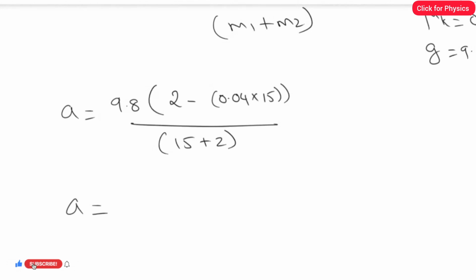We got the answer here as 1.4. That means 9.8 multiplied with 1.4, divided by, when you add 15 with 2, you get 17. So therefore 9.8 multiplied by 1.4 divided by 17, I got the answer here as 0.807.